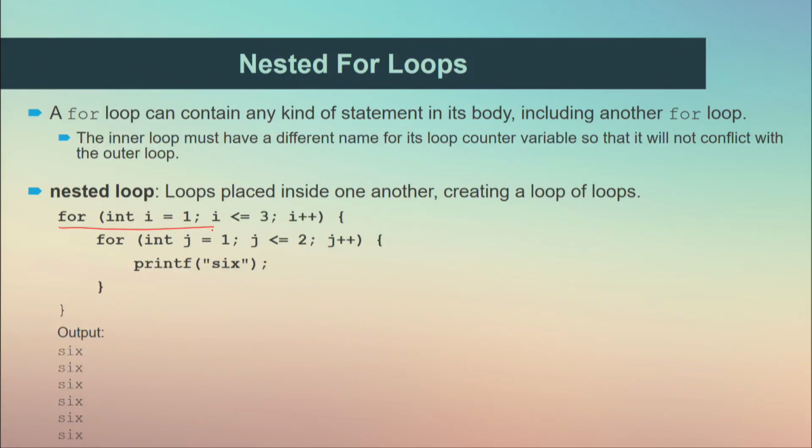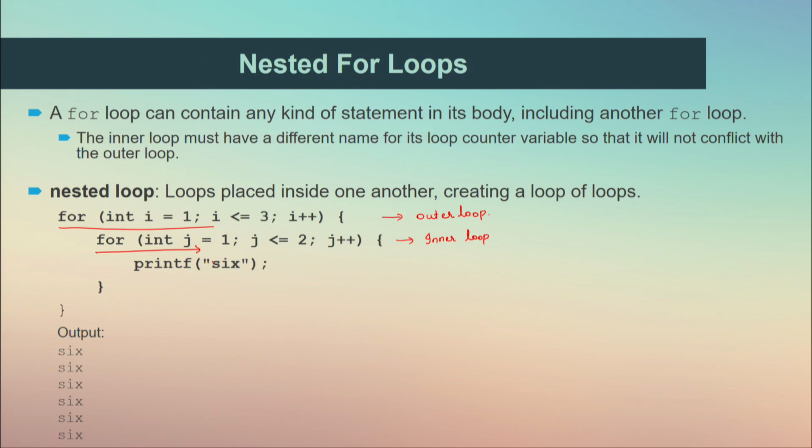This for loop with control variable i is the outer loop. The outer loop is set to be executed from 1 to 3, and the loop with the control variable j is what is called the inner loop. Generally people use the notation i and j in a nested for loop, but of course, we can change the control variable's name as we want.